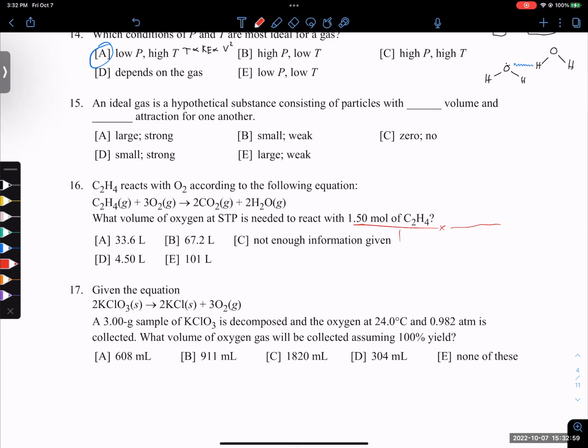STP is standard temperature and pressure. Does anybody know the conditions for it? Like 1 atmosphere of pressure, and temperature of 0 Celsius, so like 273 Kelvin. And 1 mole equals 22.4 liters.